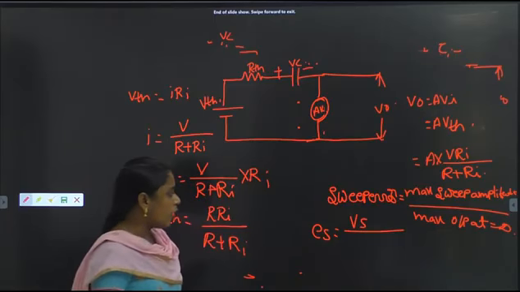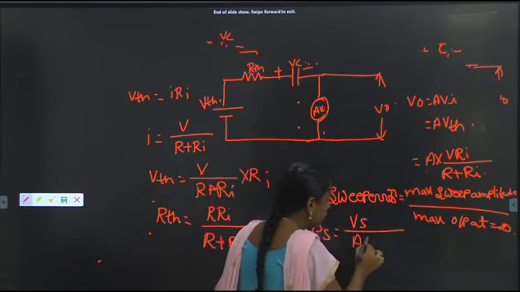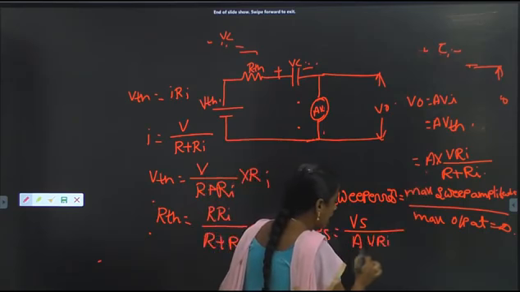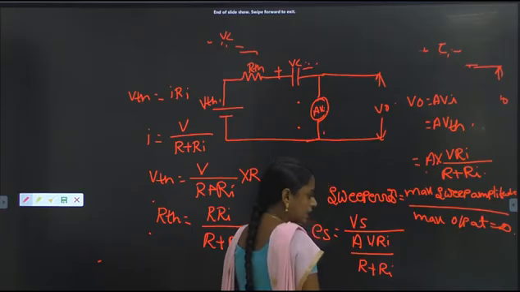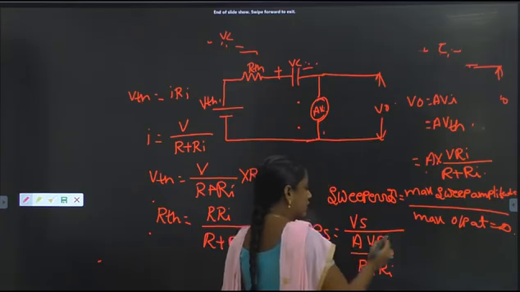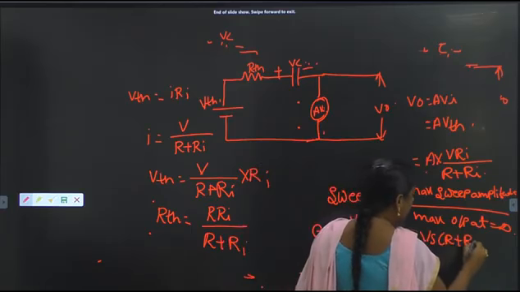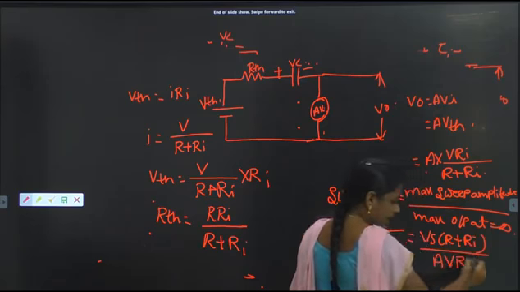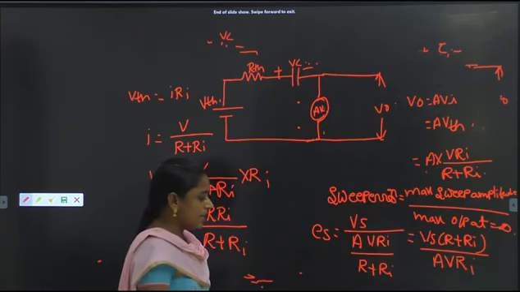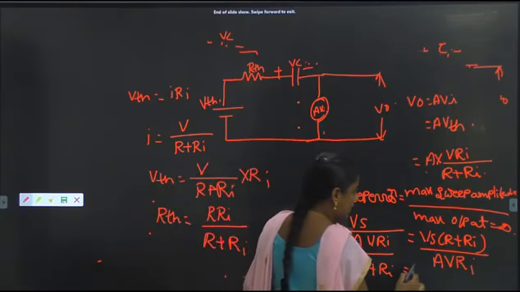What is the maximum output we get? That is V naught, A into V Ri by R plus Ri. At that particular time we have to write like this also, Vs into R plus Ri by A V Ri. So just take Vs by Av as common.